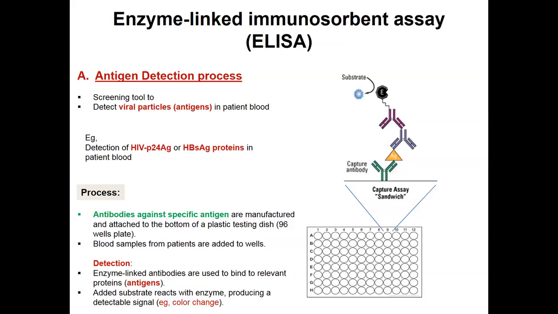Okay? So when you do that, you have this sandwich formation: your capture antibody that is already present inside the well, the antigen, and an antibody that recognizes the antigen. Now you use a secondary antibody that recognizes the primary antibody, and that secondary antibody has an enzyme attached to it. And that's where the enzyme link came from.